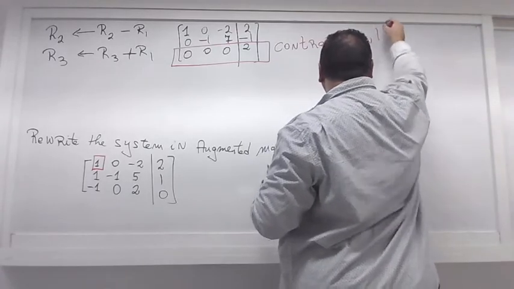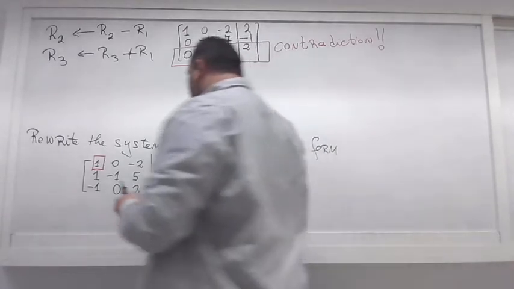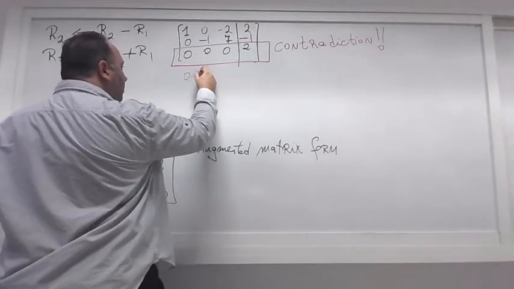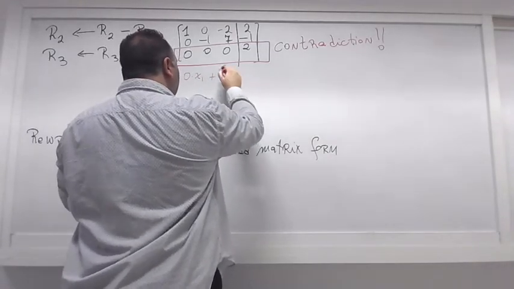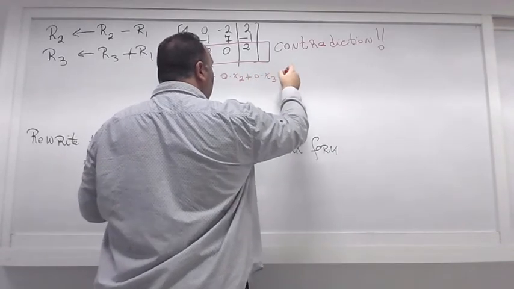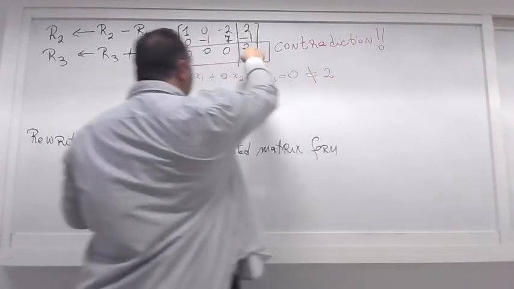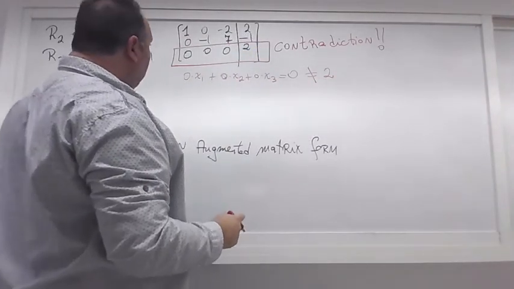So this is a contradiction in the system. Because this says 0 times x1 plus 0 times x2 plus 0 times x3, which is equal to 0, but this is different from 2. It is telling me that it's 2, but it's not 2, it's 0. Hello?